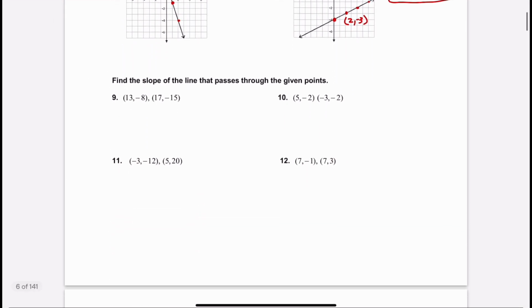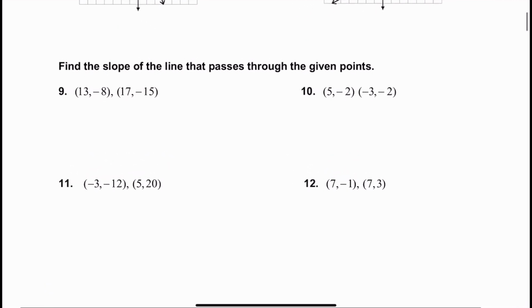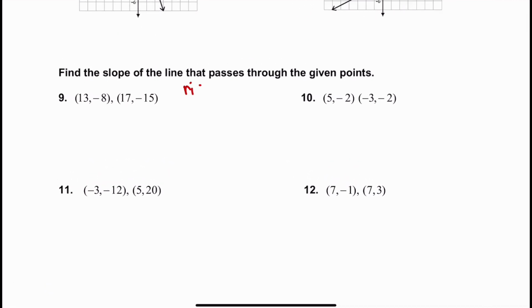Now we're going to talk about slope. Slope is the rise divided by the run. And we talked about the equation. It's going to be y2 minus y1 over x2 minus x1. Now the x is always the first coordinate, and you could put either one as the first one or the second one.